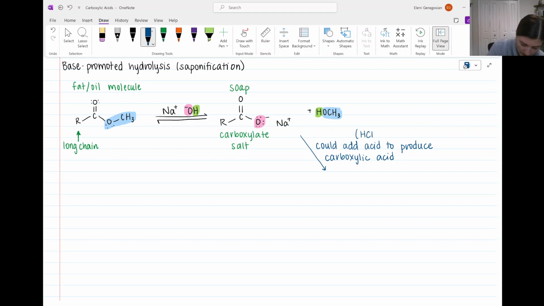Something like HCl, a strong acid, will certainly protonate the carboxylate salt, and you would form the carboxylic acid version. So this carboxylate salt is really just the conjugate base of the carboxylic acid. This is the ingredient or functional group present in many soap molecules. So let's draw out the mechanism.